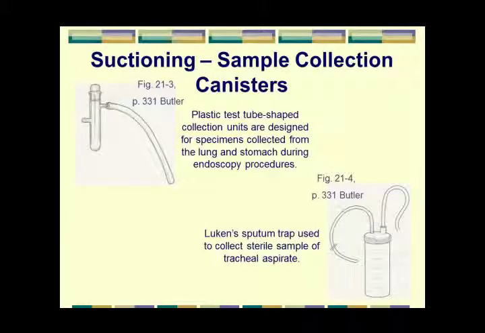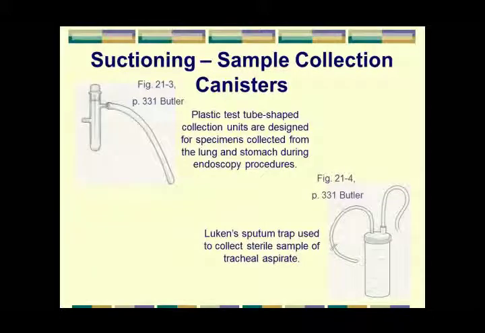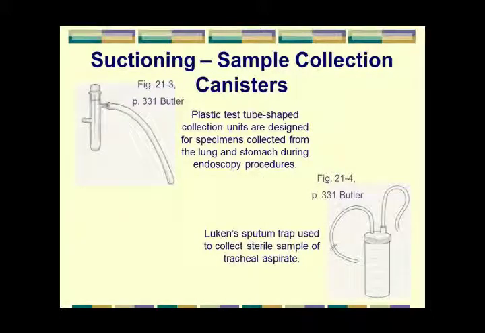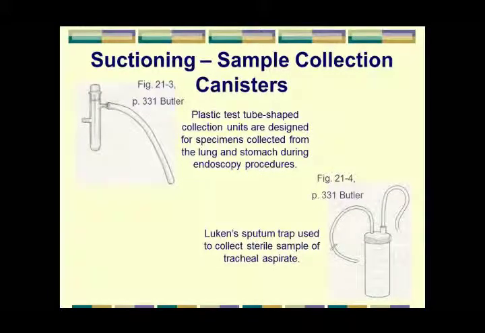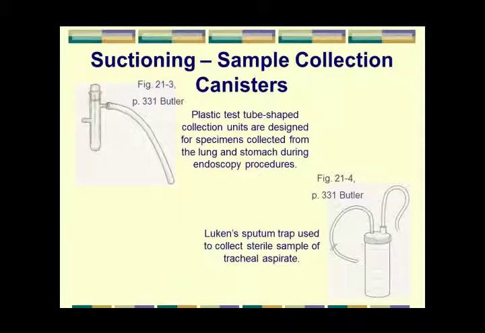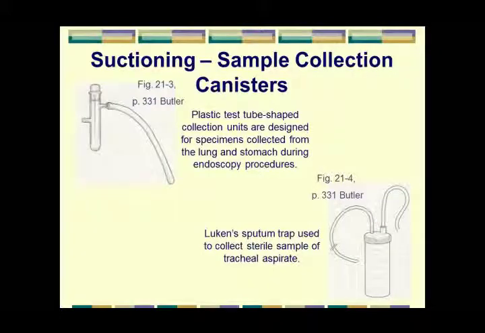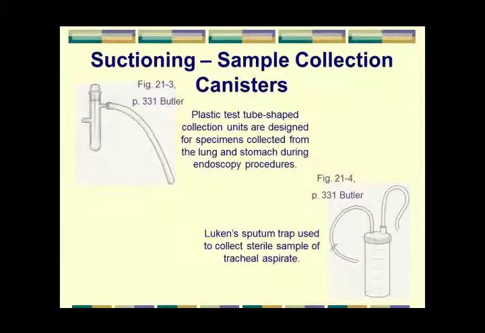This has to be spliced in between my vacuum tube, my collection tubing, and my suction catheter. Once I do my aspiration, I need to remove that sampling chamber, reattach the suction catheter to the collection tubing, and probably do another pass.